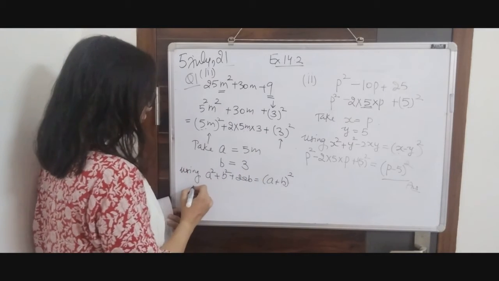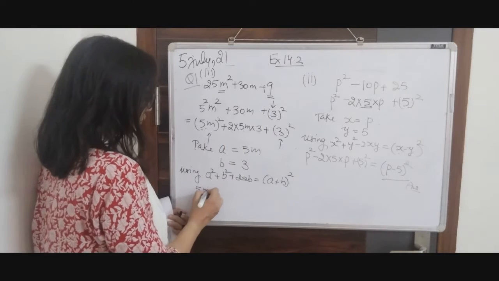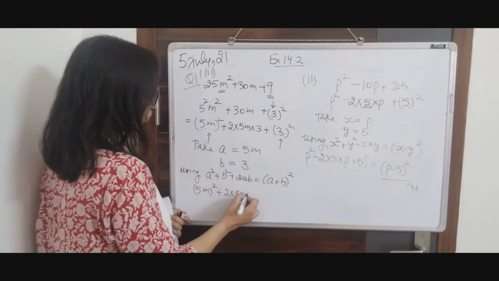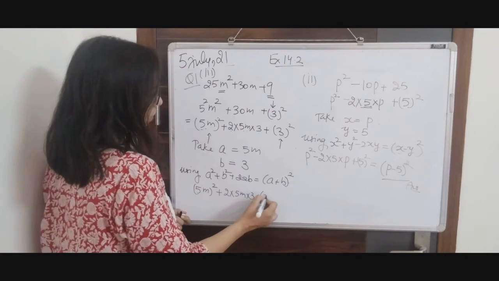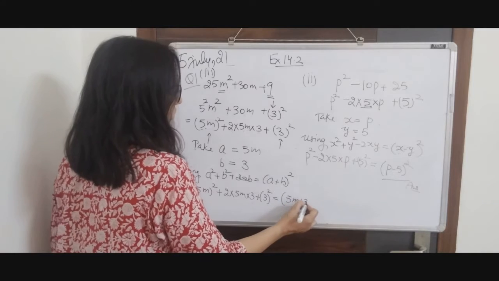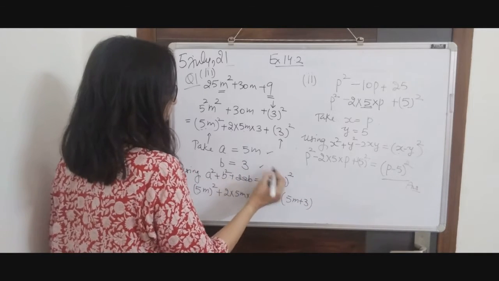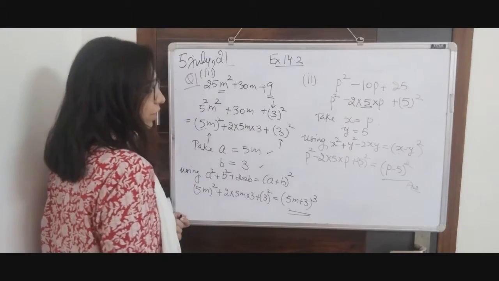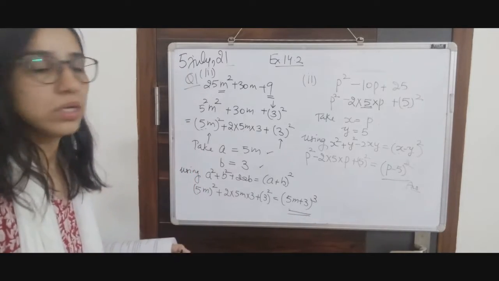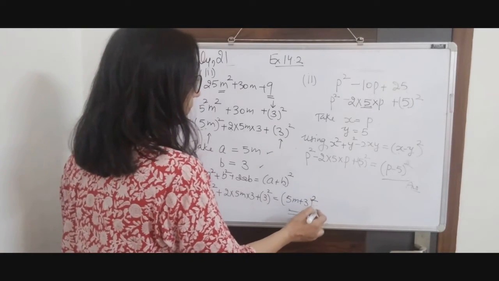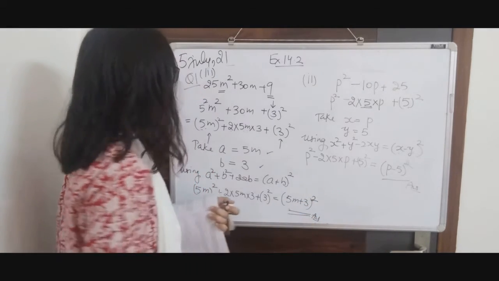Your given expression, which is (5m) whole square plus 2 into 5m into 3 plus 3 whole square, will be equal to 5m plus 3, because this is your a and this is your b. (a plus b) whole square, and this is our required factorization, which is (5m plus 3) whole square, not cube. This is our answer.